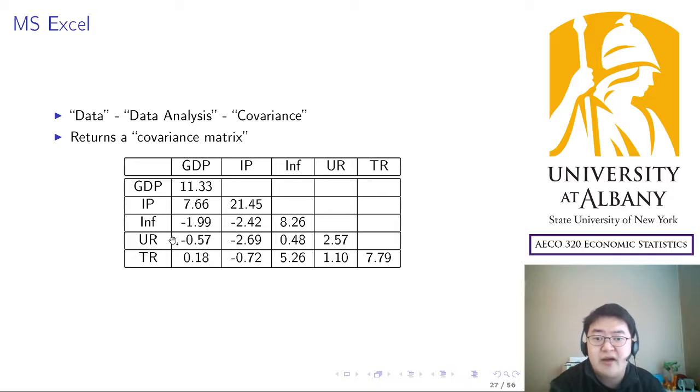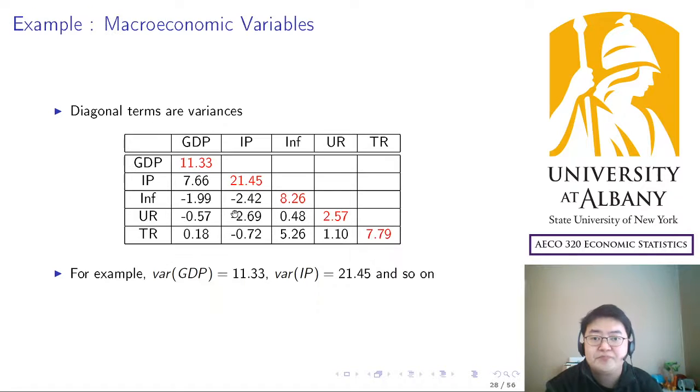For example, if you choose any number like minus 2.42, then it is inflation and industrial production. So they have a covariance of minus 2.42. Okay. And then what are these diagonal terms?